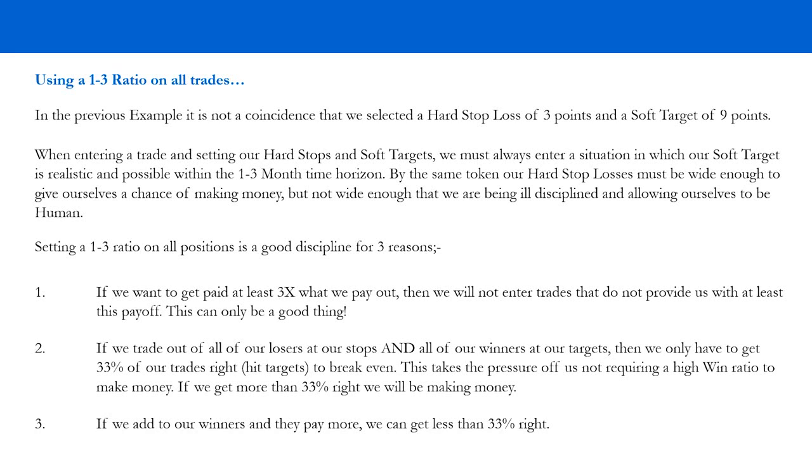If we first look at the 1 to 3 ratio, the reason why we do this is because it's simply good discipline, and there's 3 main reasons for doing it. So if we want to get paid at least 3 times what we pay out, then we're not going to enter trades that we look at and decide that they don't provide us with at least this potential payoff. And that can only be a good thing.